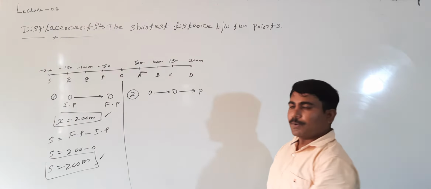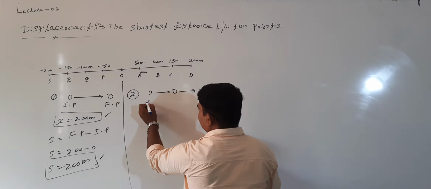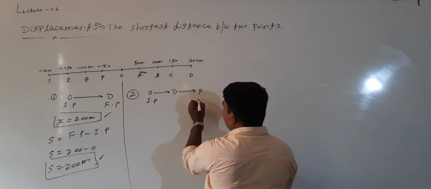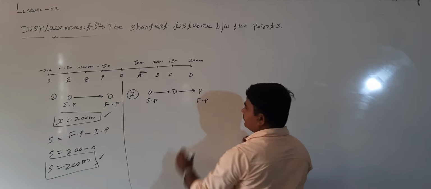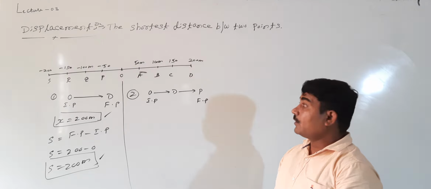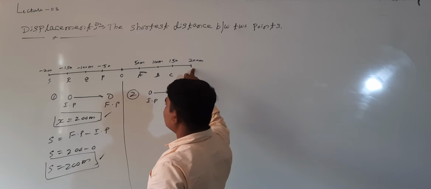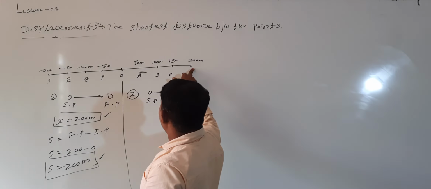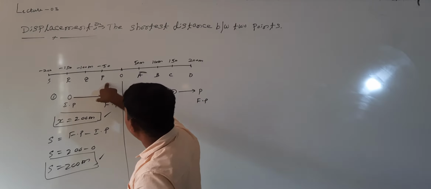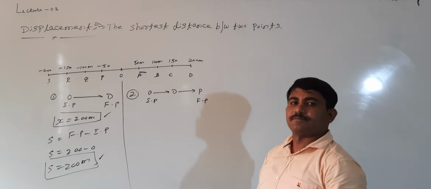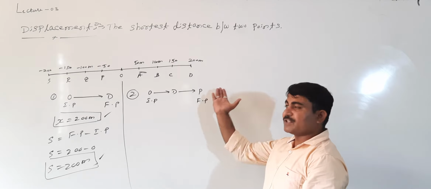O is the initial position. P is the final position. What is the distance here? O to D is 200 meter, and again from D to P. Distance in this case is positive.